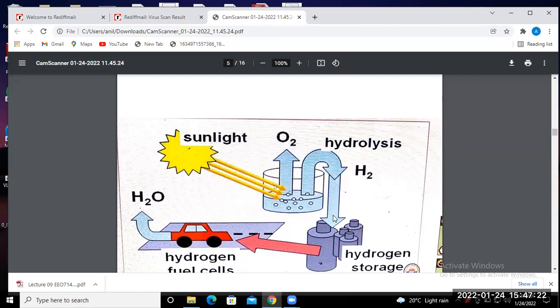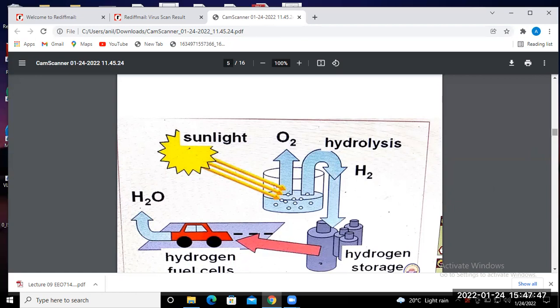That stored hydrogen may be used at the place of requirement. Suppose this is the cylindrical structure where you store the hydrogen gas, either in gas or liquid form.